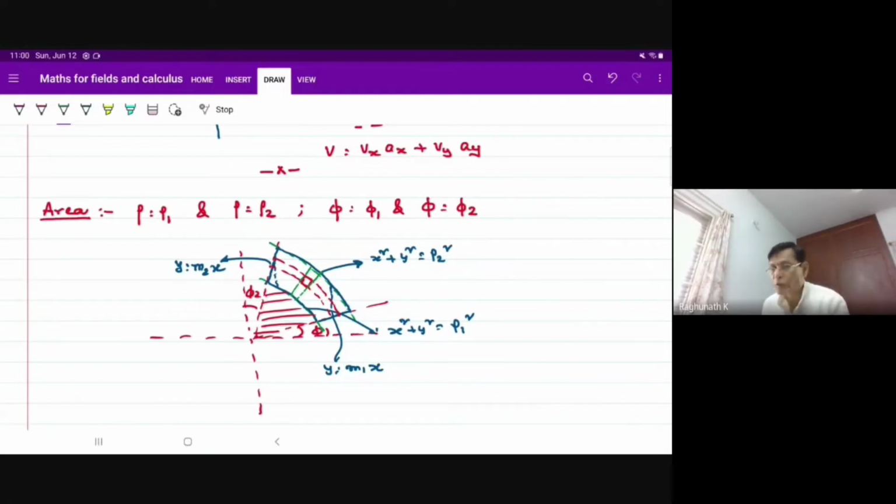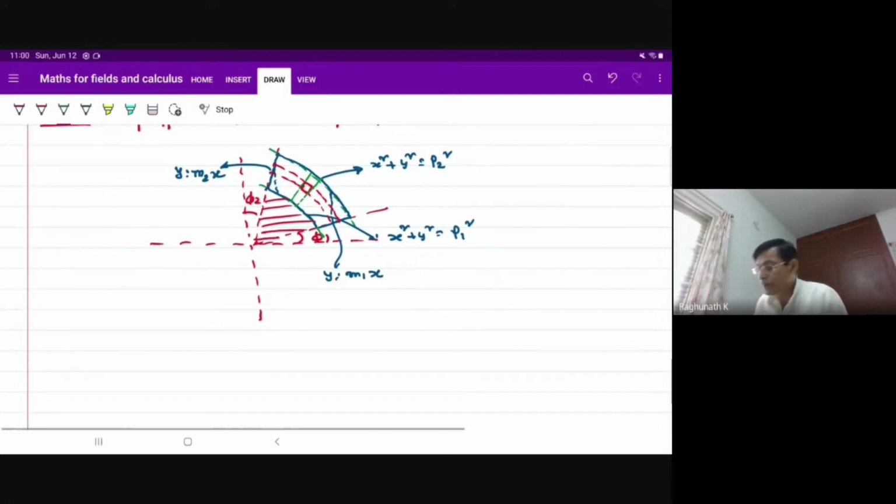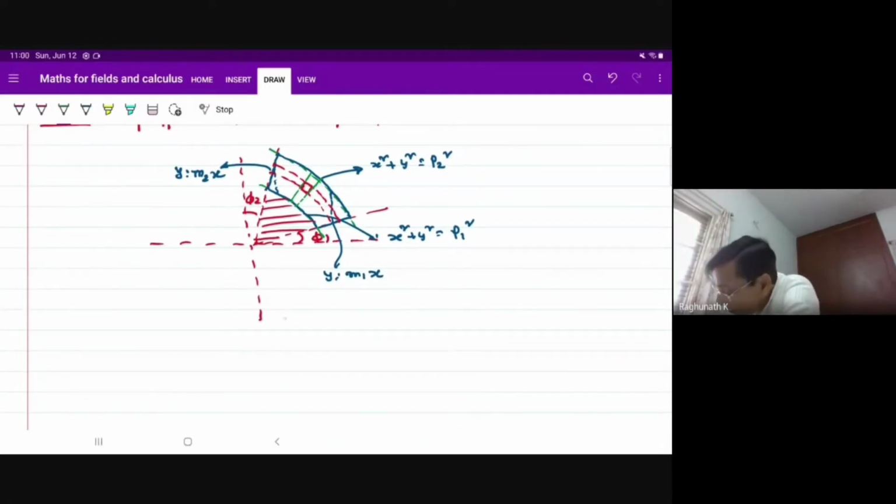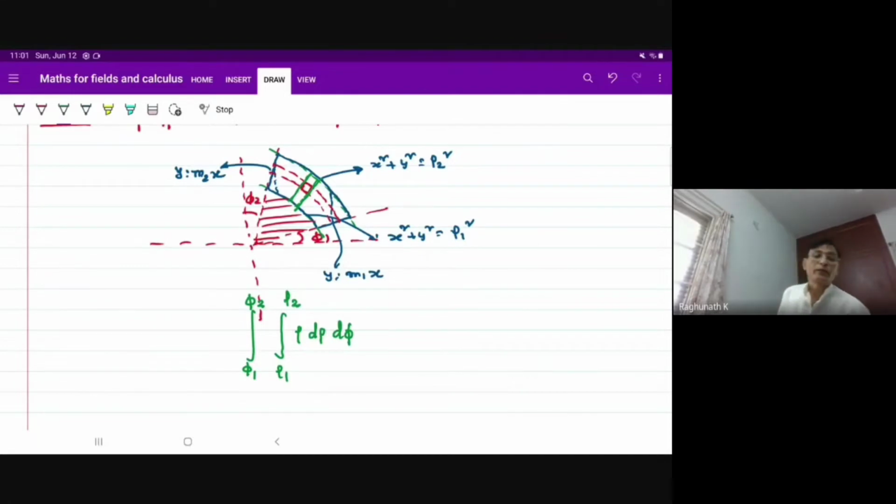It is not possible to do this problem in the Cartesian coordinate system. Here it is what actually? Integral rho d rho d phi, from rho 1 to rho 2. This is the strip that I'm talking about, at any phi, with phi from phi 1 to phi 2. It's equal to what?